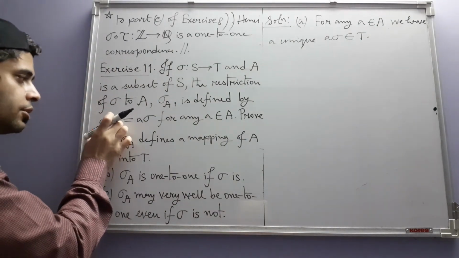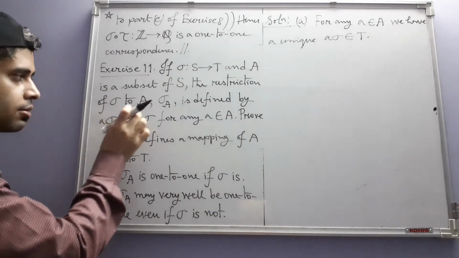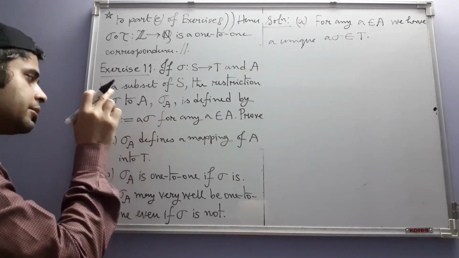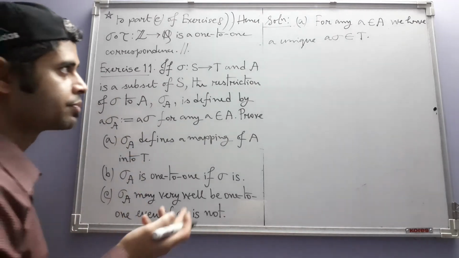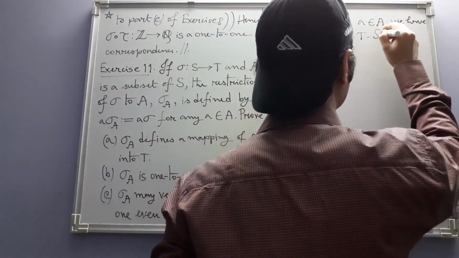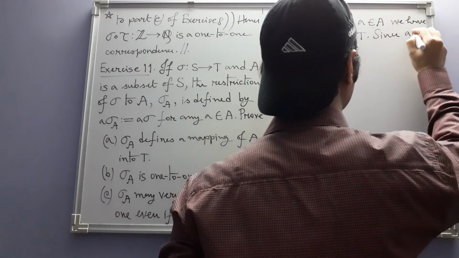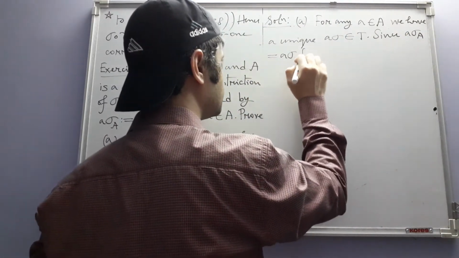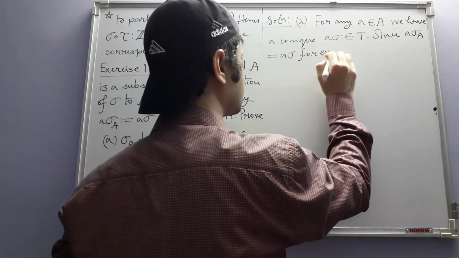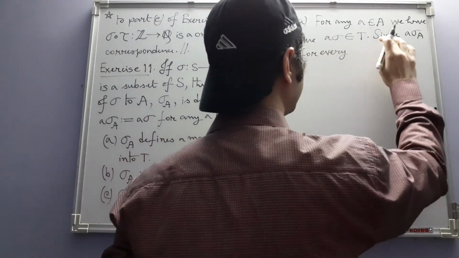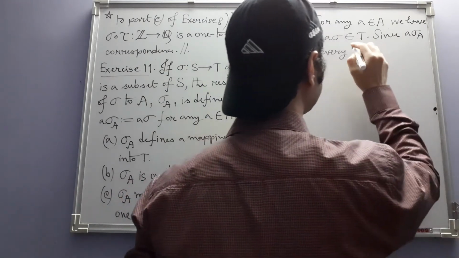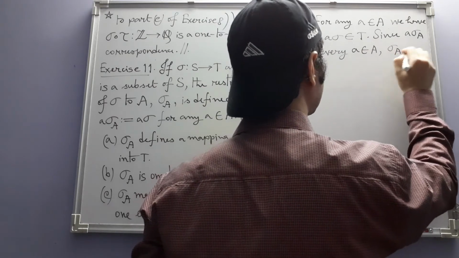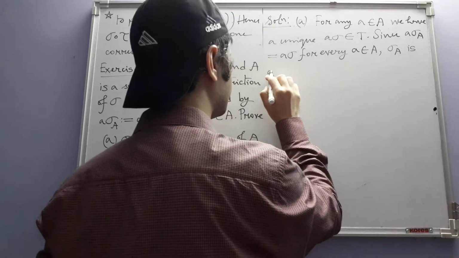However, by the definition of this mapping, sigma A, which is being called the restriction of sigma to A, is nothing but the image of a under sigma A. Since a sigma A is equal to a sigma for every a belonging to A, sigma A is a well-defined mapping.